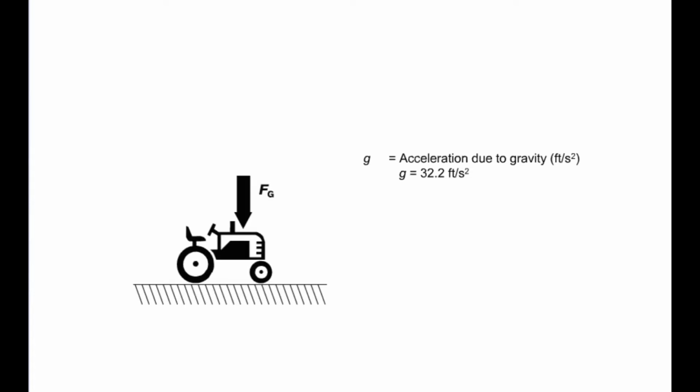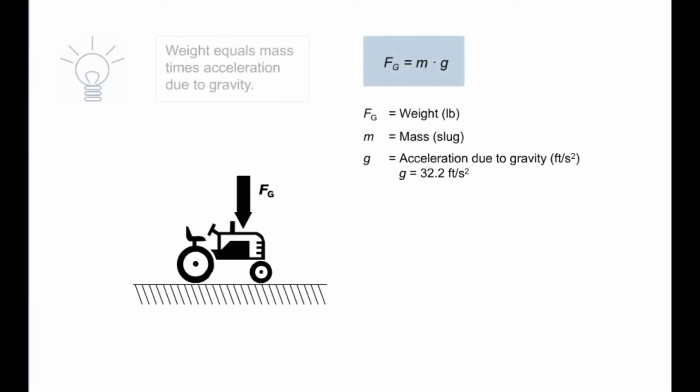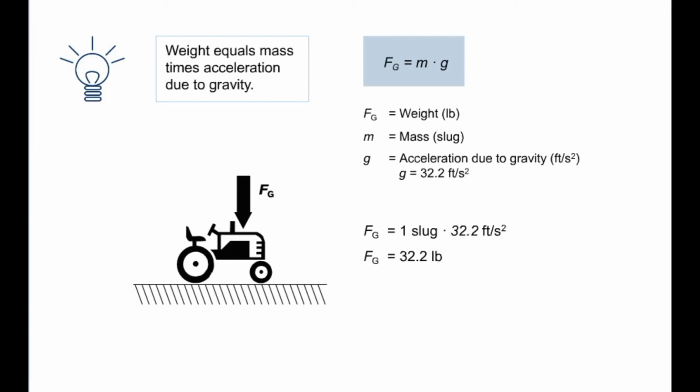If we now put the body onto a surface, the surface must oppose the acceleration due to gravity. The mass of the body multiplied by the acceleration due to gravity is therefore the force which the body exerts upon the surface, i.e., its weight. A mass of one slug exerts a force of 32.2 pounds on the Earth's surface.